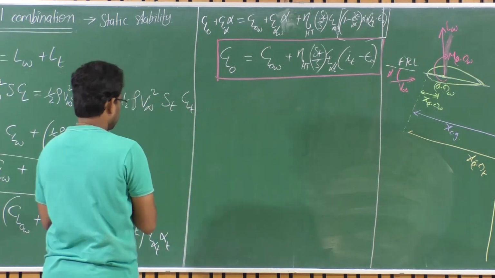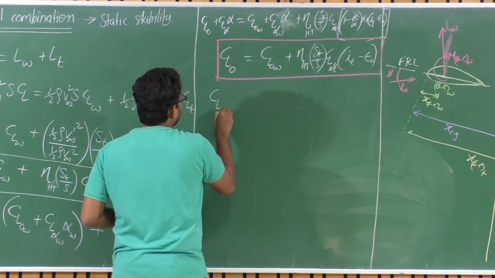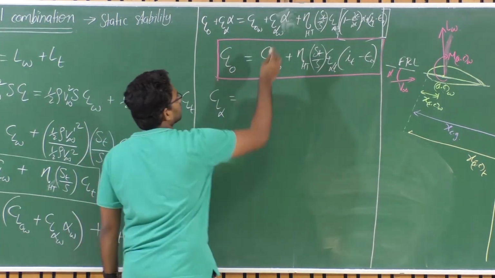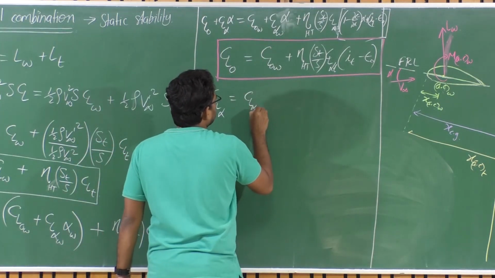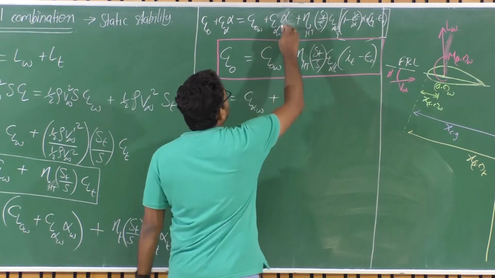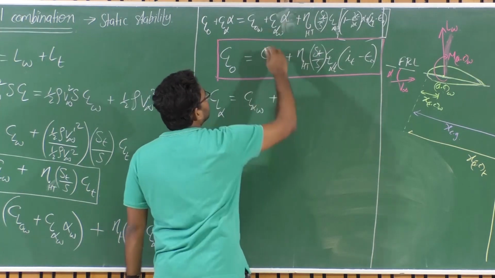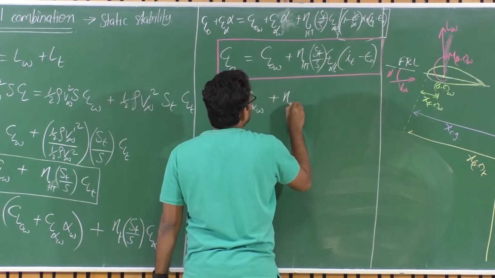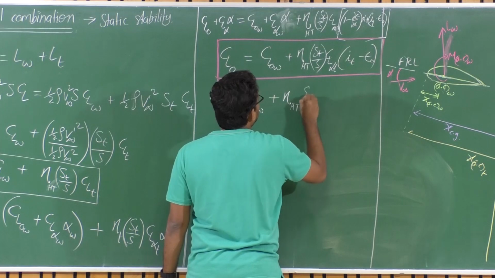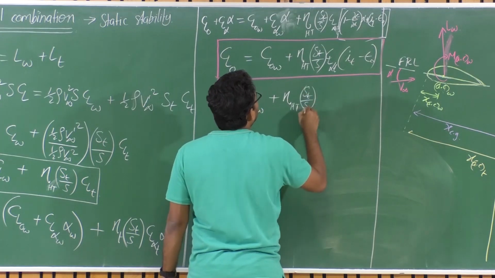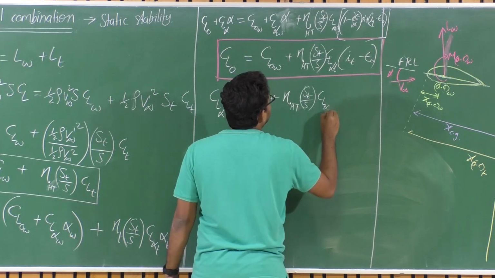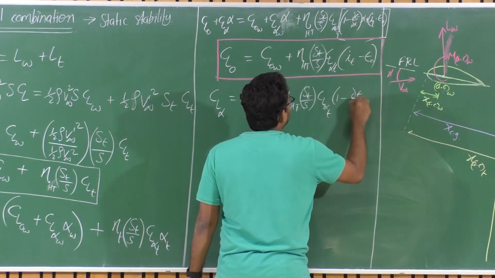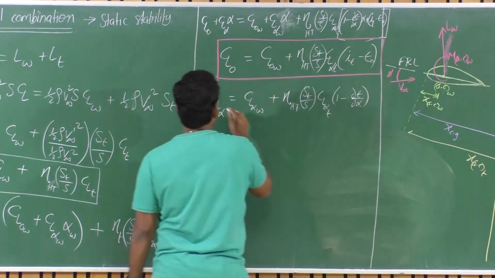Okay. Then we'll talk about CL alpha by comparing the coefficients of alpha. I have a coefficient for alpha, which is CL alpha of wing, and there is a coefficient for alpha from the tail contribution, which is eta of horizontal tail times S_T upon S times CL alpha of tail times 1 minus dou epsilon upon dou alpha.